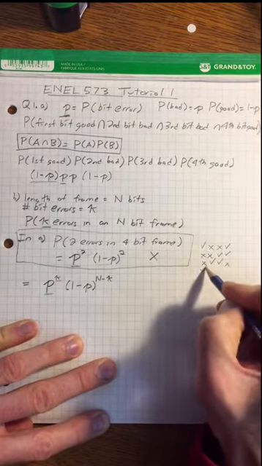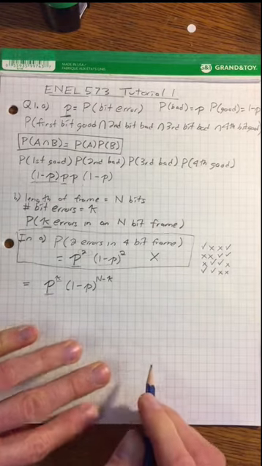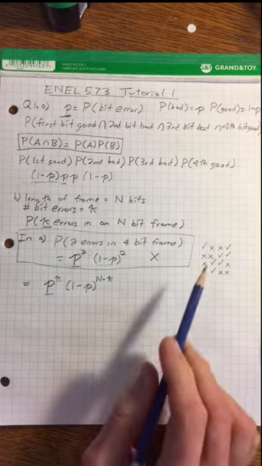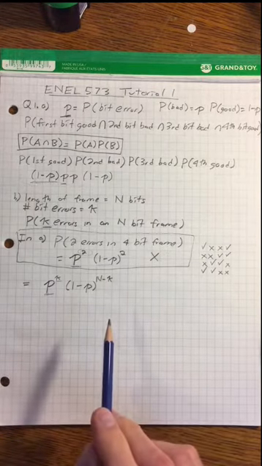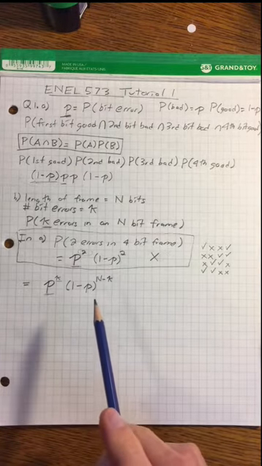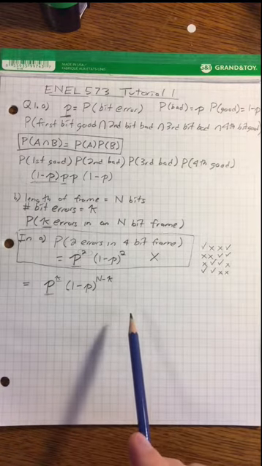Or we could have had 2 good bits, 2 bad bits, and so on. So there is a whole bunch of different combinations that will give us 2 bad bits in our frame. And the word combination is a hint that we have to use the combination formula to figure out how many of these terms there are.